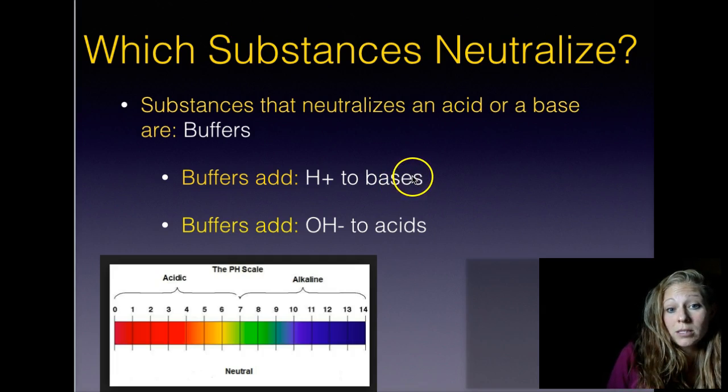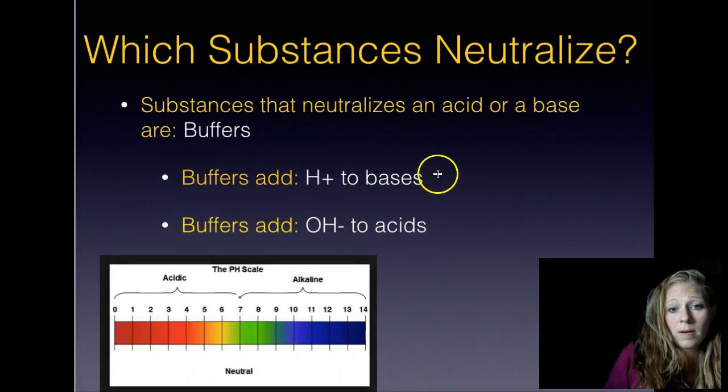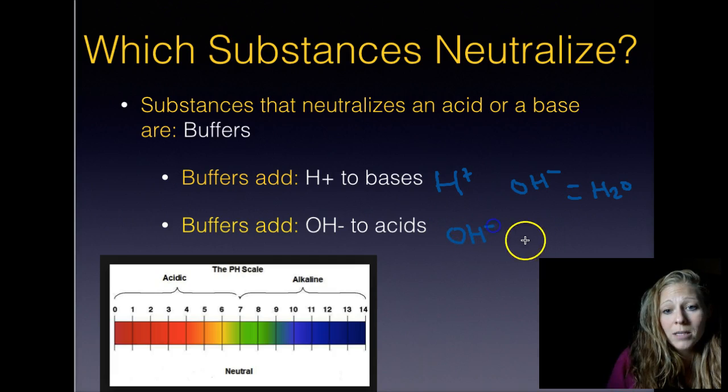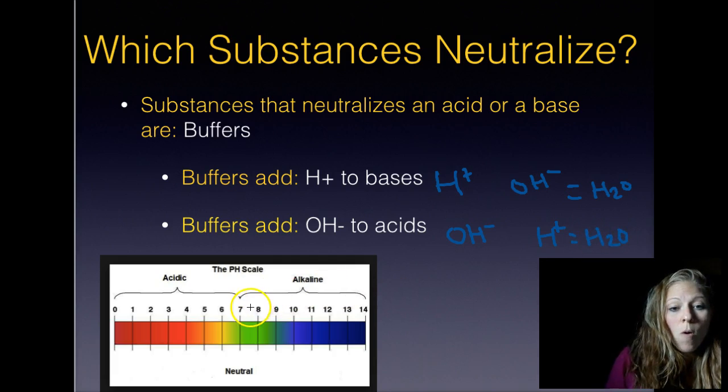So it's going to neutralize it. If you add H plus to OH minus, you get H2O. If you add OH minus to H plus, you get H2O. So a buffer brings everything back to neutral.